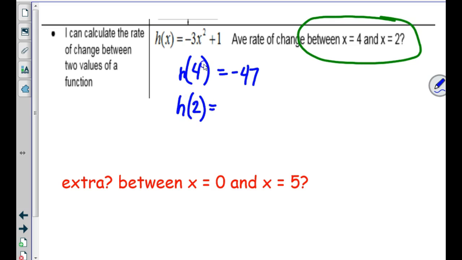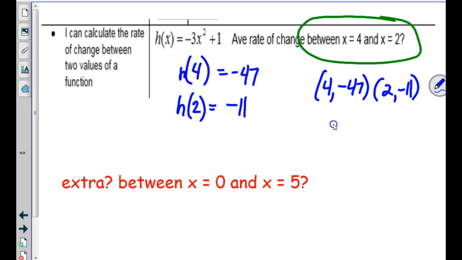Put in a 2, -11. How did I do? No? 2 is 4 times 3. Is it right? Okay. So I had 4, -47, and 2, -11. Yep. What's wrong? Oh, okay. You guys square it first, then multiply.